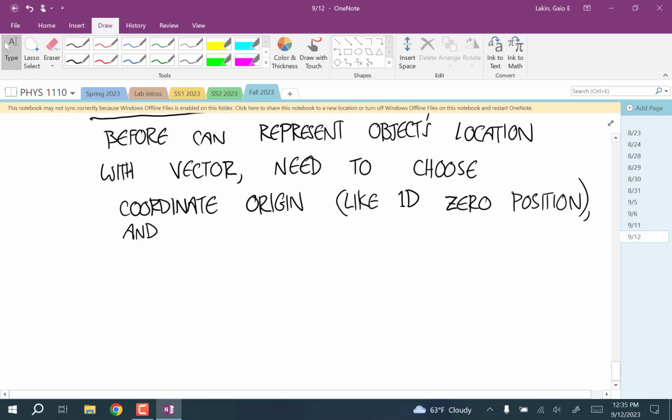And you also have to choose a coordinate system orientation, and that's like the 2D equivalent of choosing a positive direction.